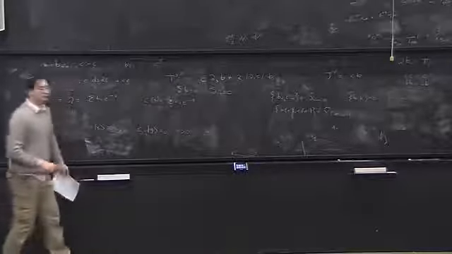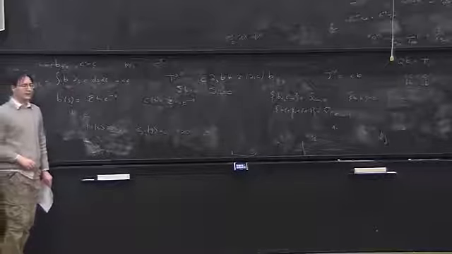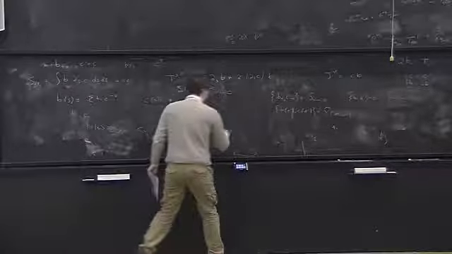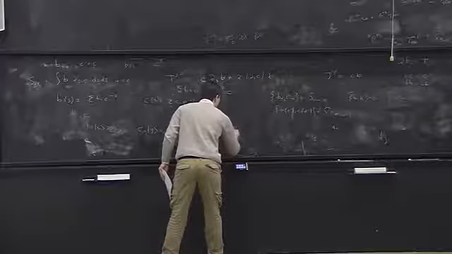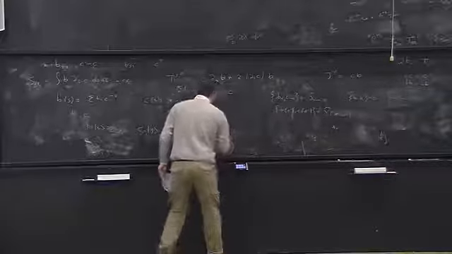And then from this one, I can build a second ground state by acting with C0.